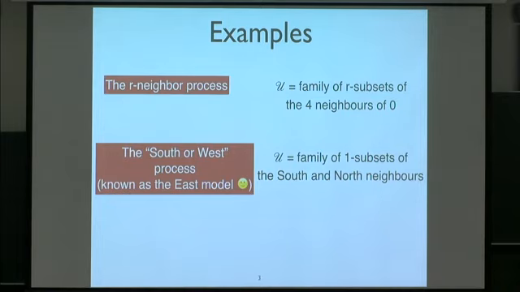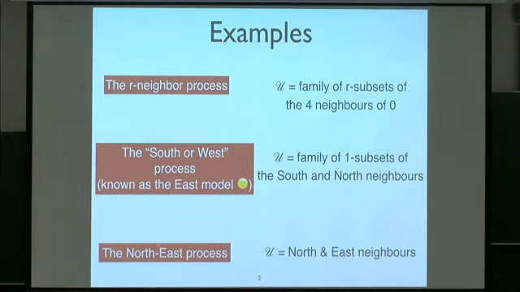You need at least one of your south or west neighbors to be infected in order to become infected. And then, for example, there is the north-east process, which requires both the north and the east neighbors to be infected in order to become infected. These are just examples, of course.